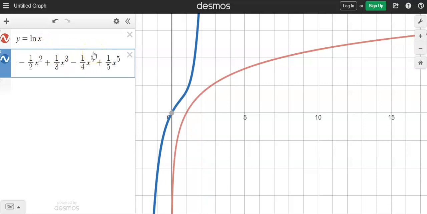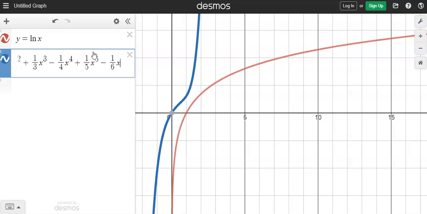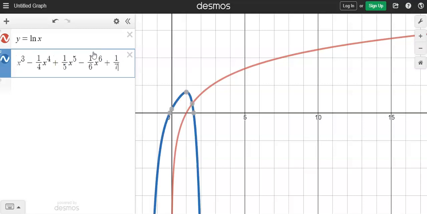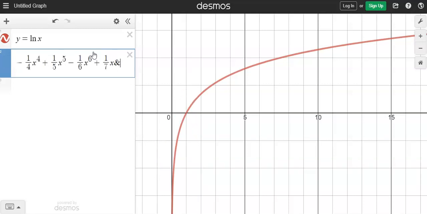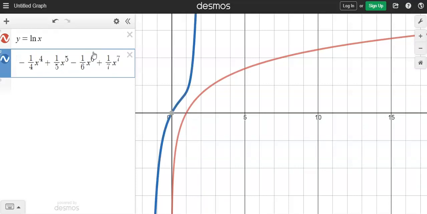And I hope now you see that as we continue to build terms, we do get a little bit better of an approximation, but still shifted to the left. Yeah, what is that about?